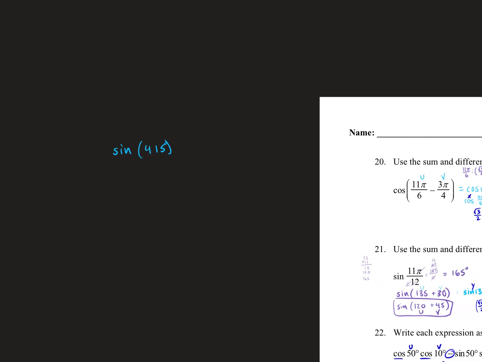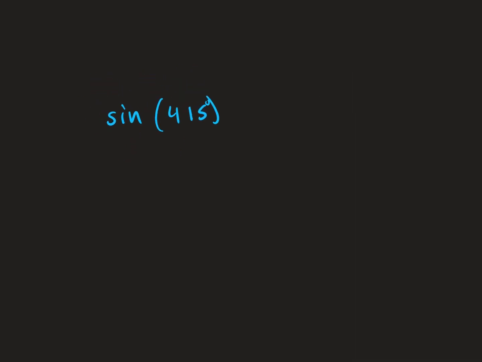Let's say I had the sine of 415 degrees. And this is just like number 21. So an example like 21, just different.